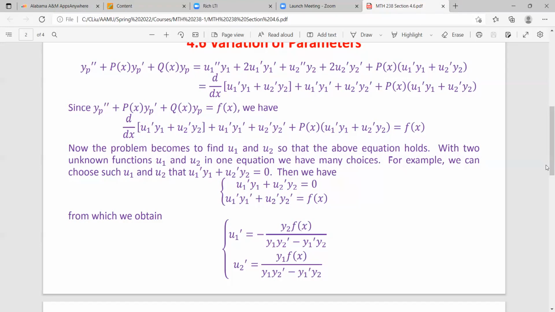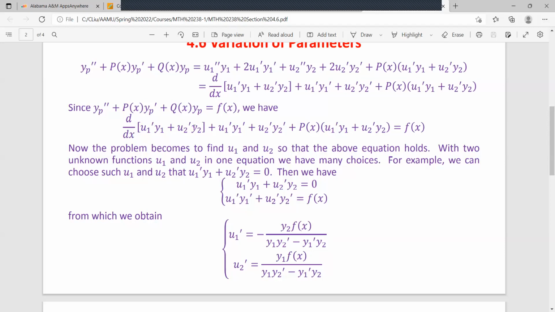So why don't we just choose u1 prime y1 plus u2 prime y2 equals 0. So the third term on the left-hand side is p times (u1 prime y1 plus u2 prime y2). Why don't we just let this term vanish? And then also you can see, the first term is just the derivative of u1 prime y1 plus u2 prime y2.